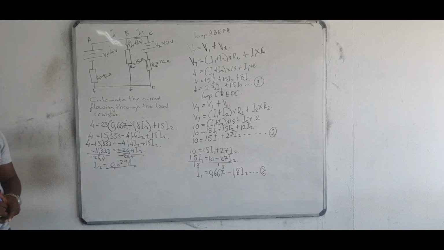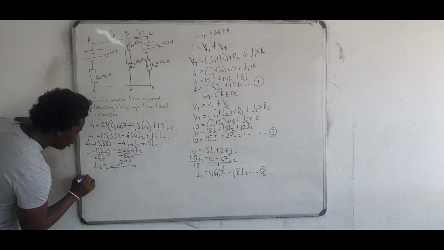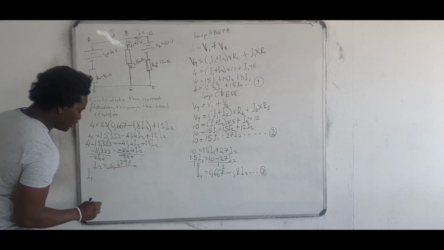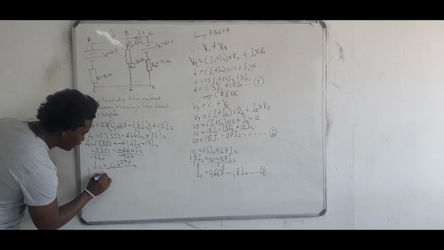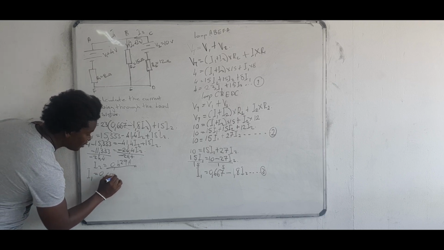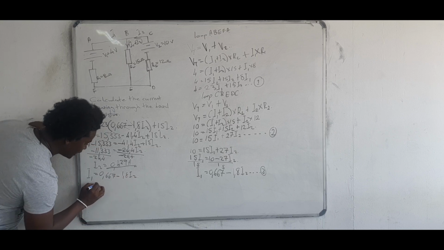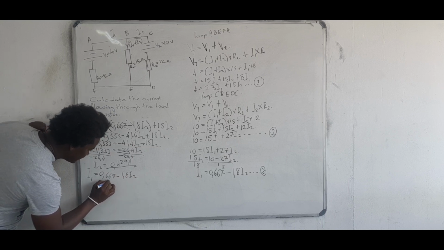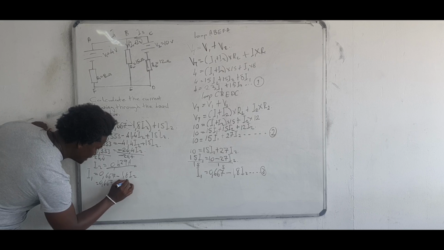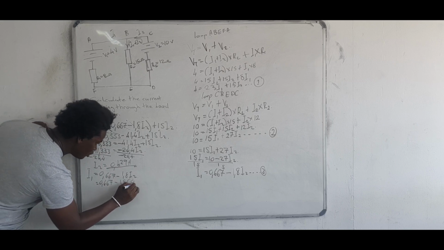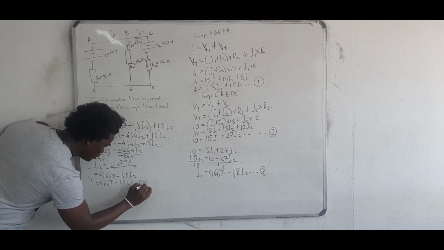Are we together? Then now let's calculate our value for I1. So we know from our third equation there, which says I1 is equal to 0.667 minus 1.8 I2, right? So it's now 0.667 minus 1.8, and our value for I2 is 0.429, close bracket.